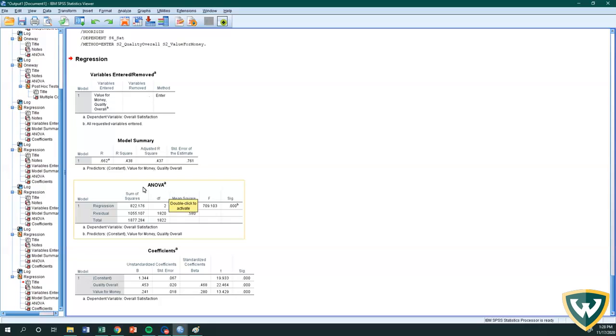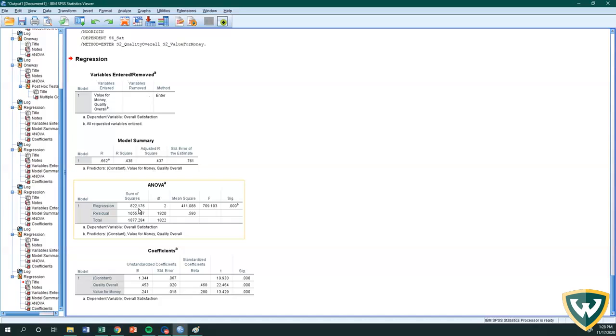And then I have an ANOVA table here that indicates whether the relationship between my x's and y is statistically significantly linear. My null for this ANOVA is that there is no linear relationship between my variables.